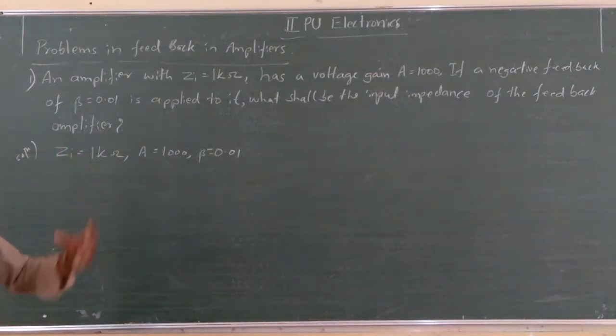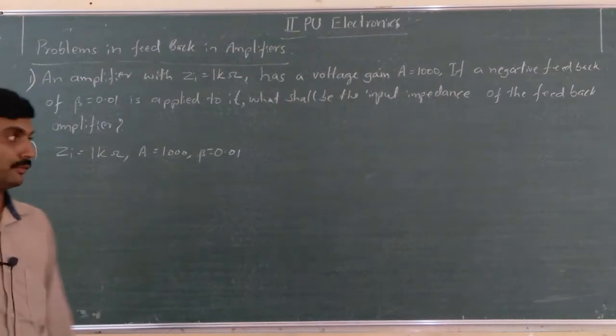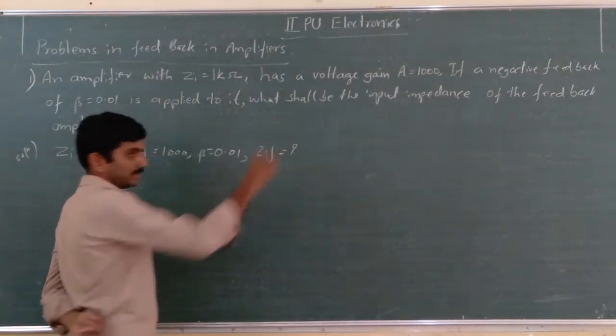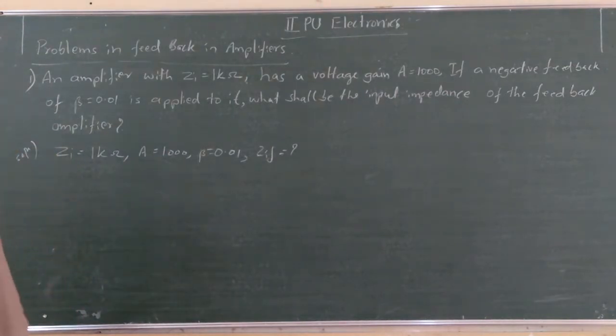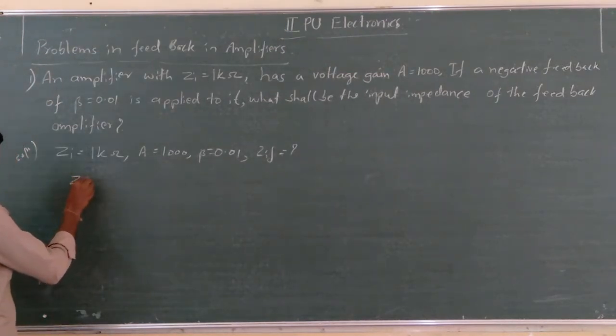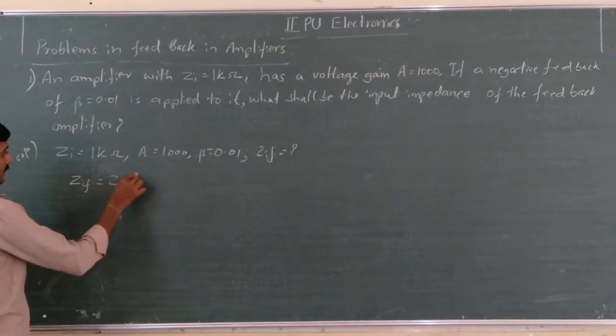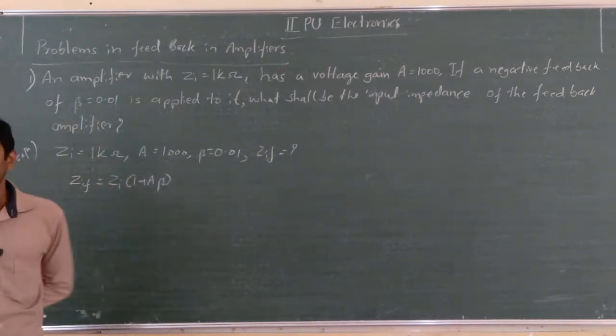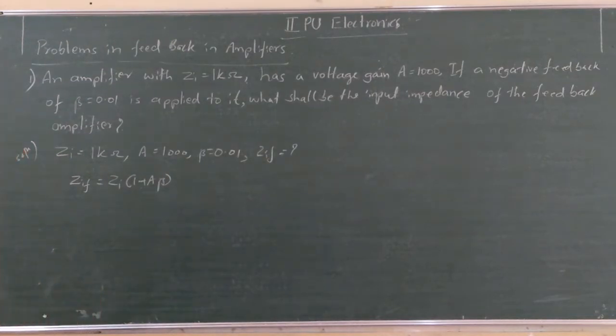What shall be the input impedance after the negative feedback? What is ZIF? We know that after applying voltage series negative feedback, input impedance increases. So the new input impedance ZIF is equal to Zi into (1 plus A beta). This is the formula we got after the small derivation.